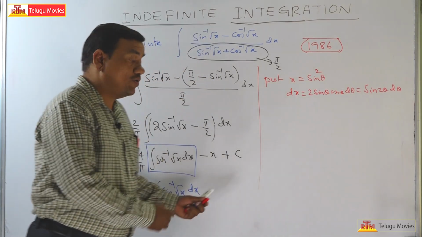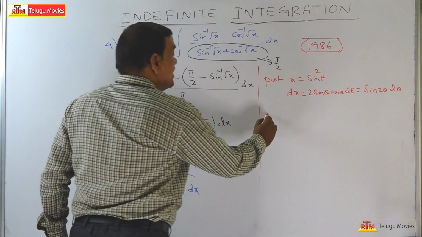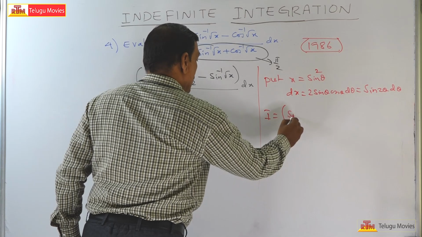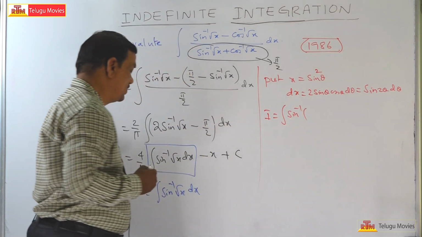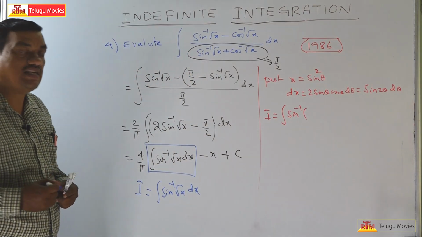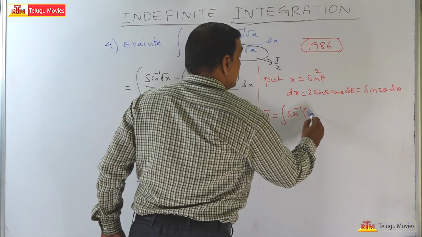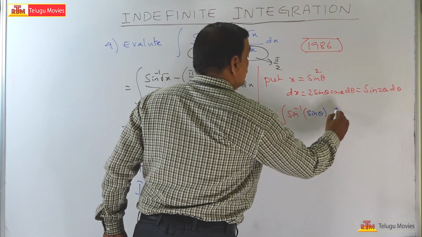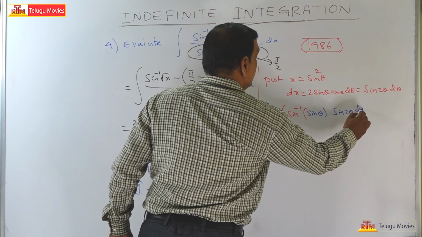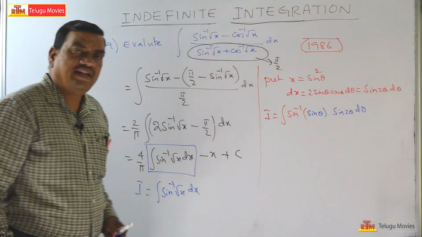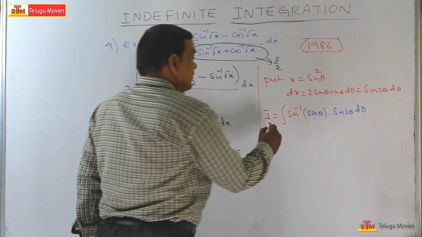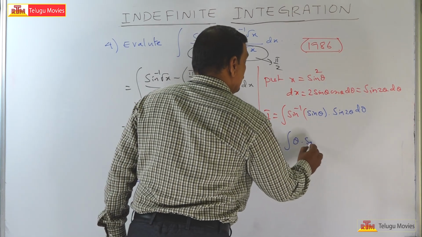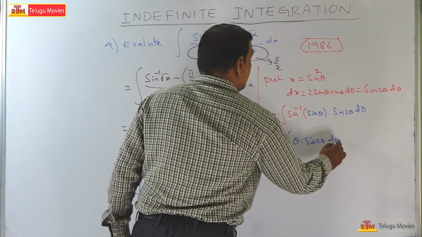Okay, right. Now your problem will become I is equal to integral of sin inverse of root x, which is sin inverse of sin theta, into sin 2 theta d theta. Sin inverse of sin theta is equal to theta. So integral of theta into sin 2 theta d theta.